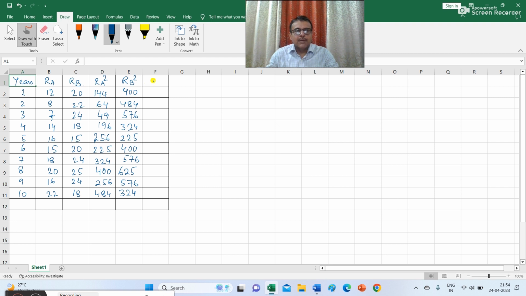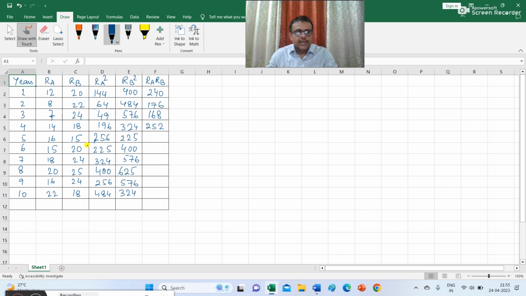And in the last column I have to find out the multiplication of RA into RB. So RA multiplied with RB. So 12 into 20 is 240. Then 8 into 22 is 176. Then 7 multiplied with 24, you will get 168. 14 multiplied by 18 is 252.